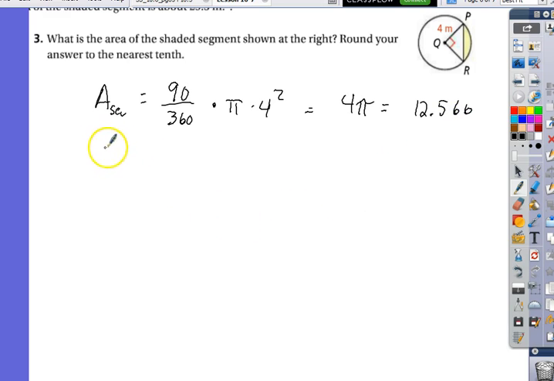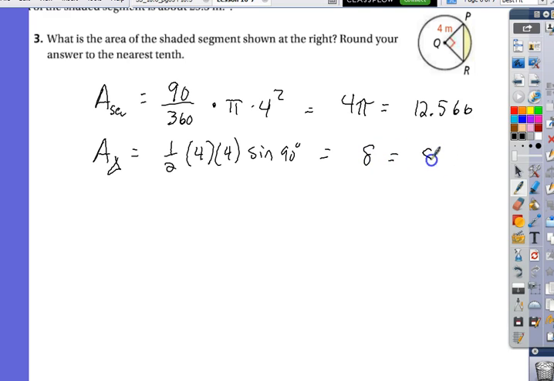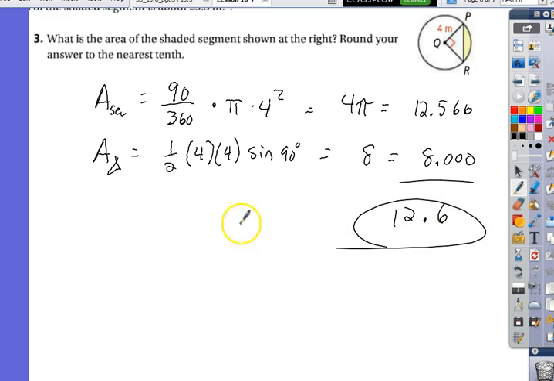All right? And then the area of the triangle is equal to 1/2 base times height, or 1/2 times side times sine 90. I'll do it that way since that's the way I showed you. Sine 90 is just 1. So that's why it looks like the base times height times 1/2 formula. So that's just 8. And so it's 12.6 when you round off.